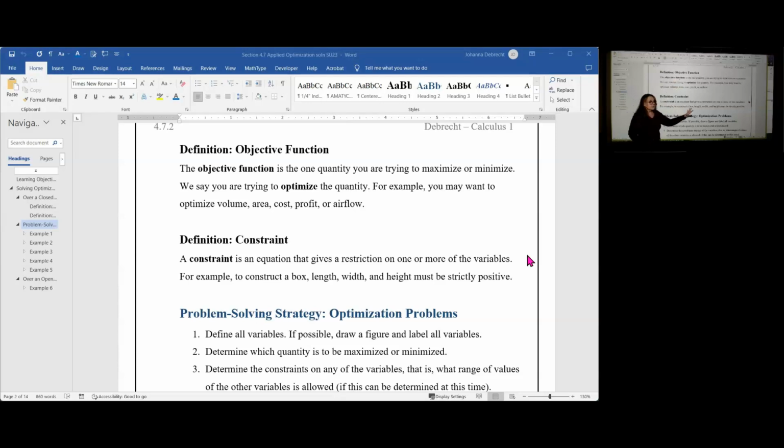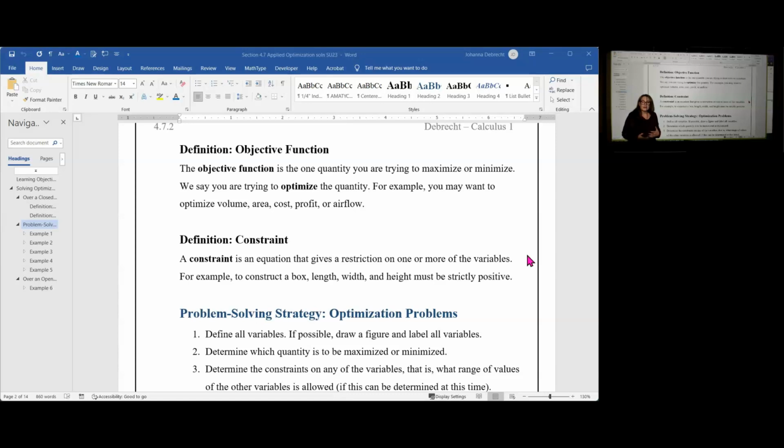When we think about building a box, as we mentioned before, length, width, and height must be strictly positive. They can't be zero, and they can't be equal to the volume of the box. On the other hand, we know time has to be positive. There are some restrictions that come naturally, and there are others that are imposed by the particular situation.